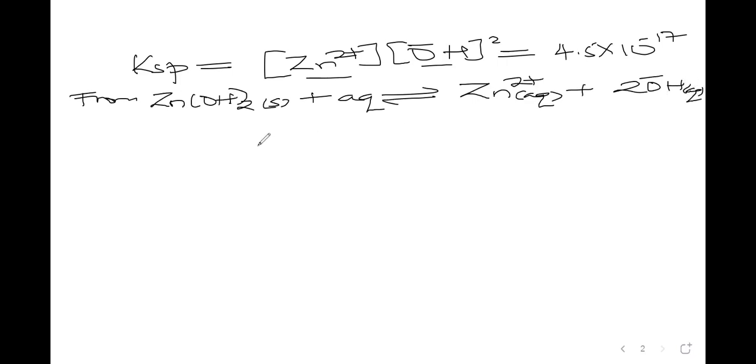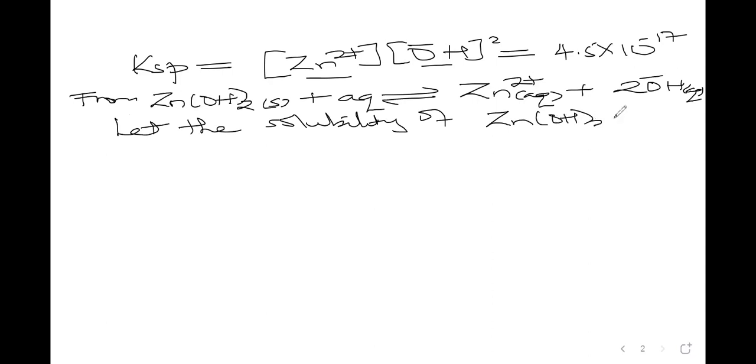So you let the solubility of zinc hydroxide be X moles per liter. That's how your work will become simpler, because you want these concentrations.